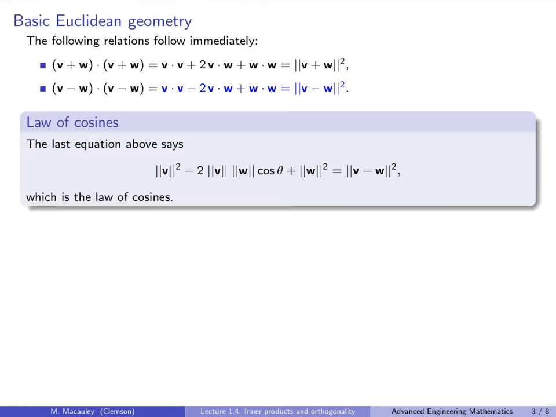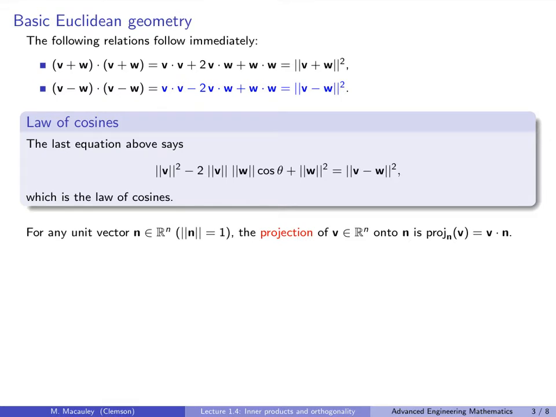To summarize, this last equation above in blue, instead of handwriting it, here it is typed. That's just the law of cosines. So not only do we get a notion of lengths and angles from a dot product, but we get the law of cosines.